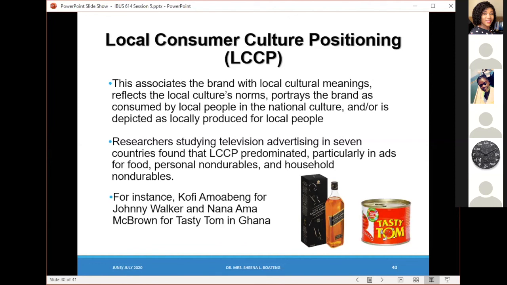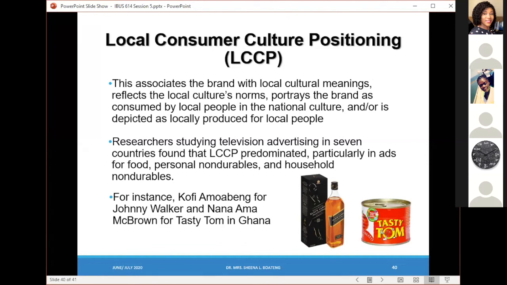So it is depicted as something that has been locally produced for local people. According to research, this type of positioning is mainly used for food items, personal non-durables and household non-durables, because these are more susceptible to local consumer culture positioning.